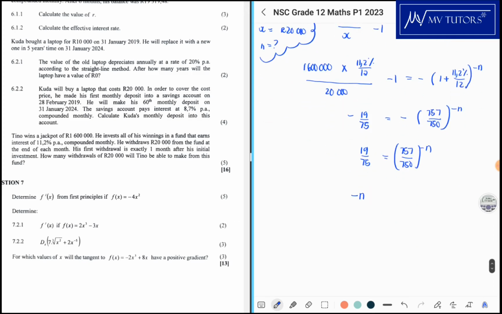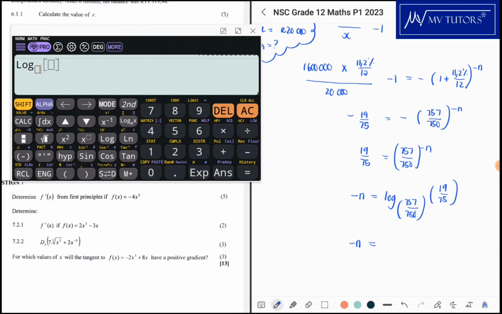So then negative n is equal to log base 757 over 750 of 19 over 75.